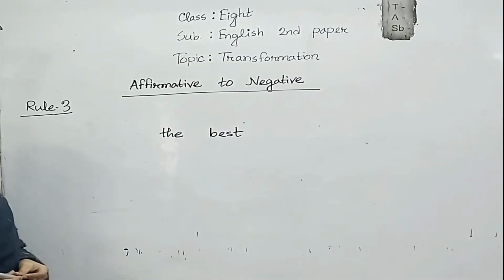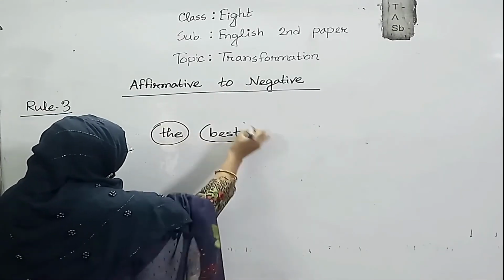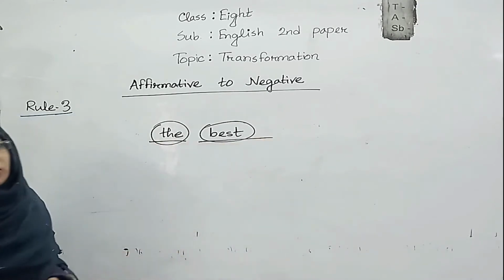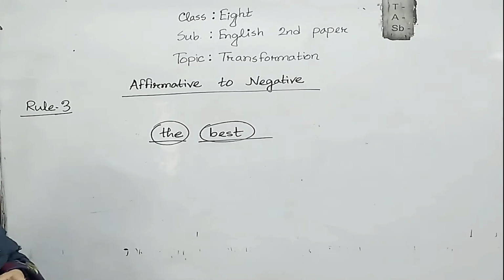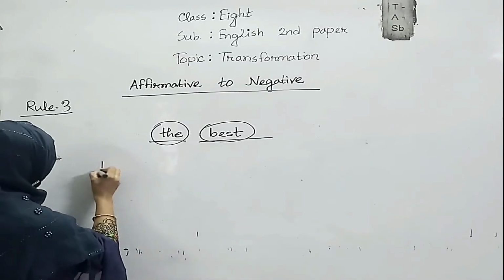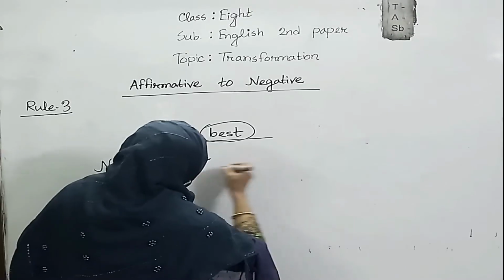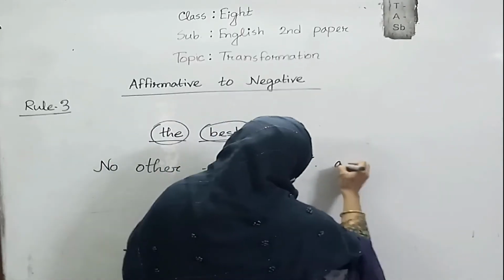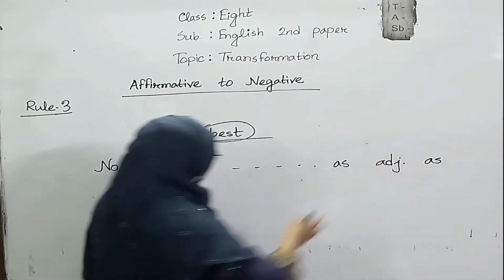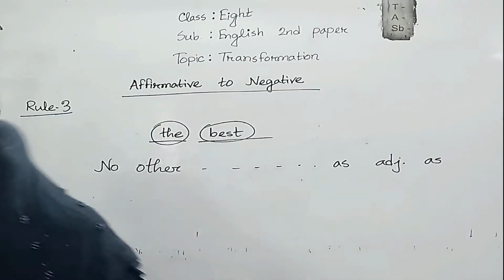If we get a superlative degree in an affirmative sentence, that means the superlative form of an adjective, then we have to make it negative by using "no other... as... as". Okay, I am explaining by giving an example.